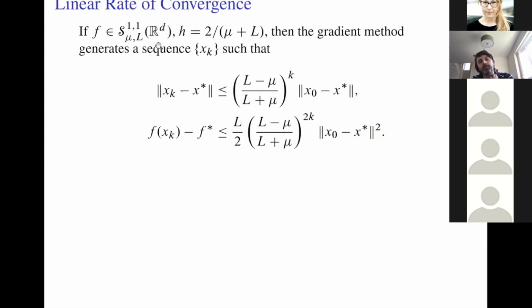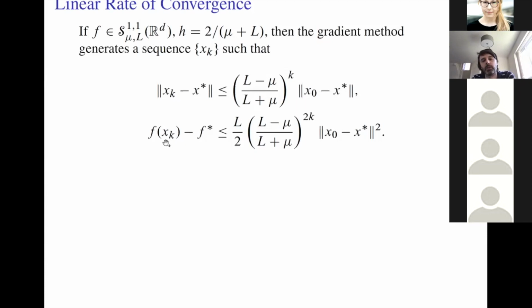So this is called a linear rate of convergence. Essentially you have here an exponential decrease in k of the approximation error. So xk will go rapidly towards x star. And this then also translates directly into how good the function value is approximated.